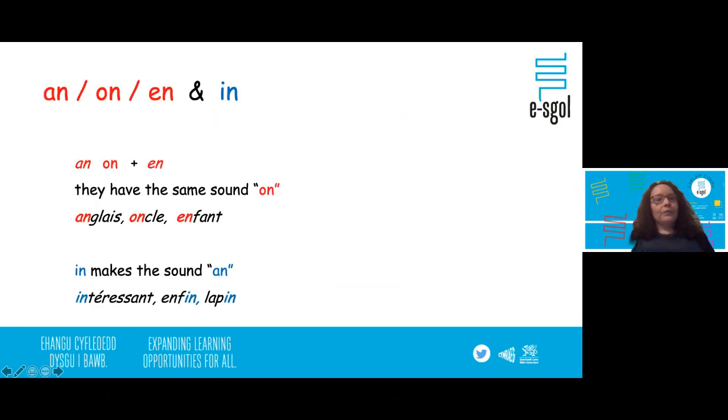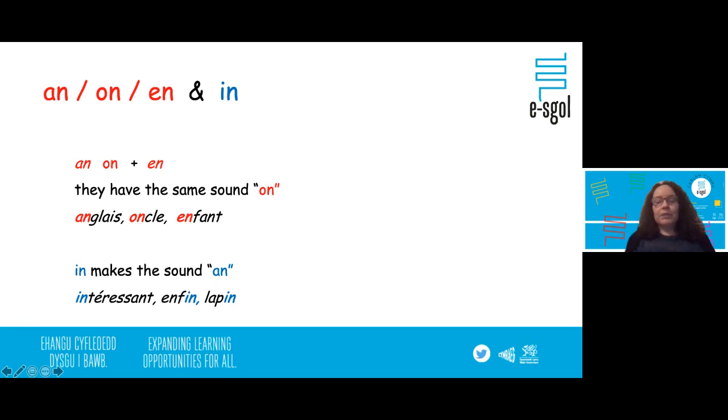We also have then the an, on, en, which have the same sound, on, and we have the in, which has an sound. So for example, anglais, oncle, enfant. So they all have the same sound. And then intéressant, enfin, lapin.